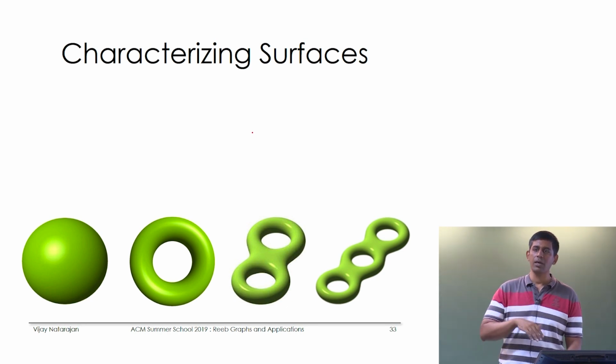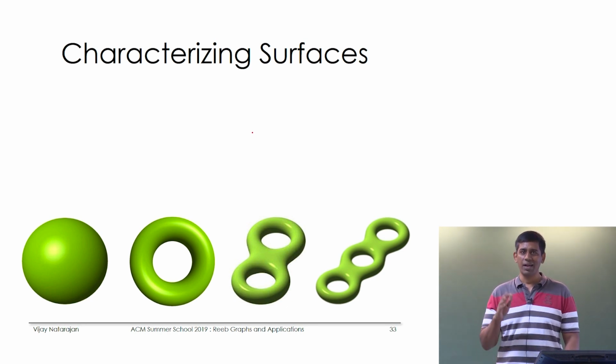Can we construct a Reeb graph for any shape? I think the right question to ask is, for any function, can we think about a Reeb graph, or is a Reeb graph defined for any function? The shape is not so important. What is important is the function that is defined on that domain.